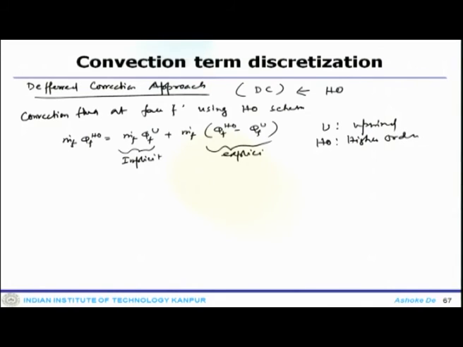By expressing the flux in this fashion, the first term on the right hand side is implicitly evaluated and the second term is explicitly evaluated.